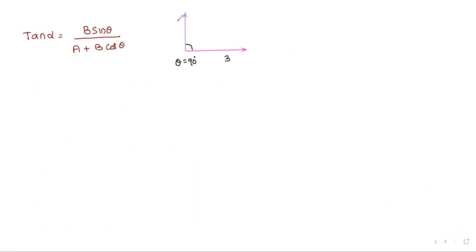This is mod A and this is mod B. Even if you substitute theta 90 degrees, you get B sine 90, which is 1, divided by A plus B cos 90, which is 0. So tan alpha is B by A.